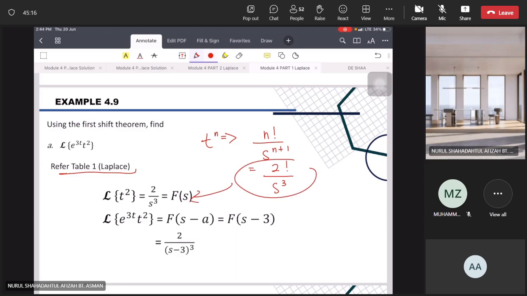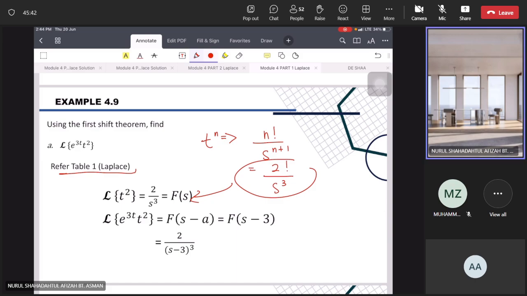And then second, f(s minus a) goes to f(s minus 3). This one, how did you get?